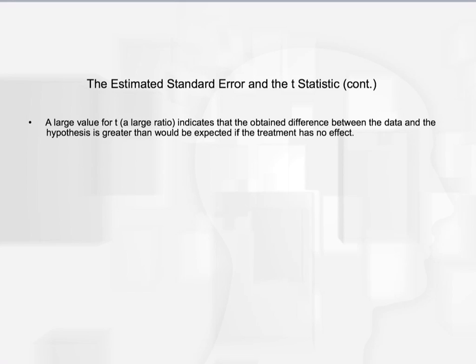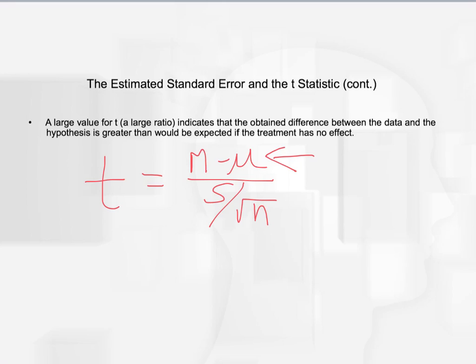So if you get a large value for t, that means that this difference between the mean and the population mean contains a number of typical differences, and that means that the difference that you see is probably not because the treatment had no effect.